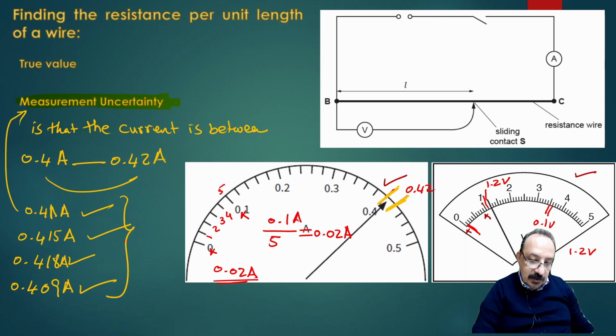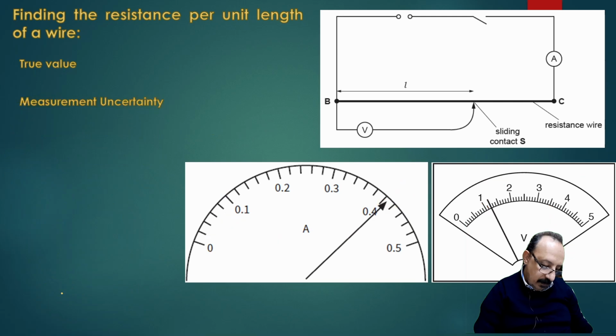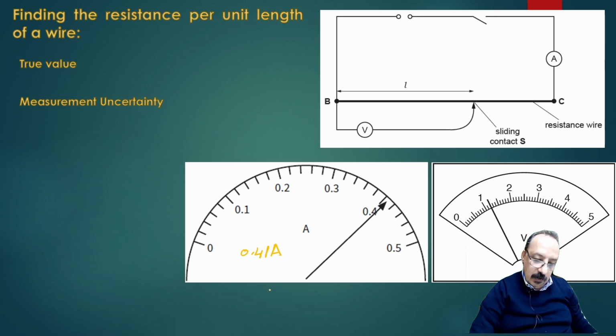So let us say that we decided that the measured value on the ammeter is 0.41 amp, and on the voltmeter it is 1.2 volts.